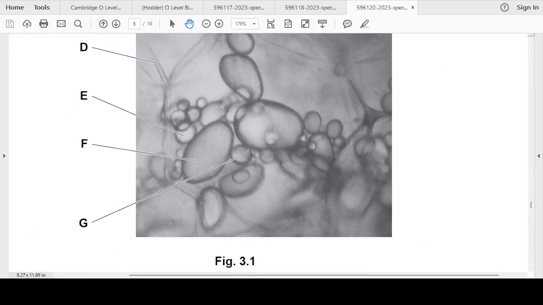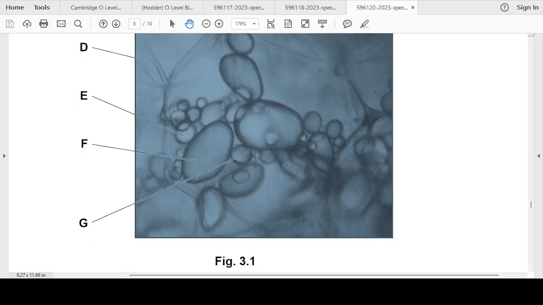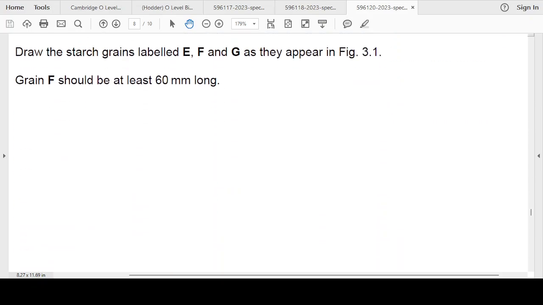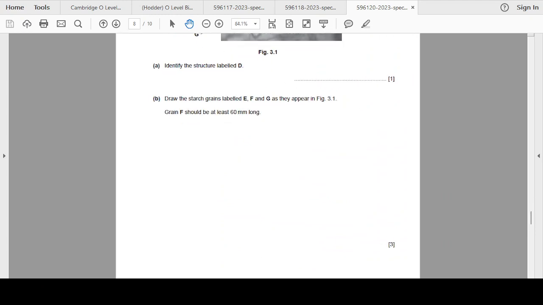Okay, so the shape of F, this guy, the shape of G, and E, and their position and their relative size to each other, or how big or small they are compared to each other, that should be maintained in your drawing over here in the space provided. All right.